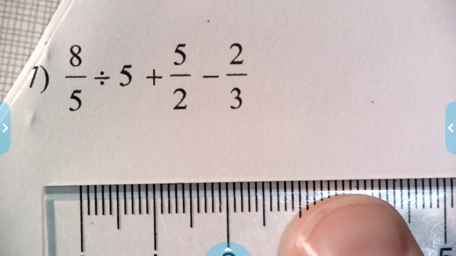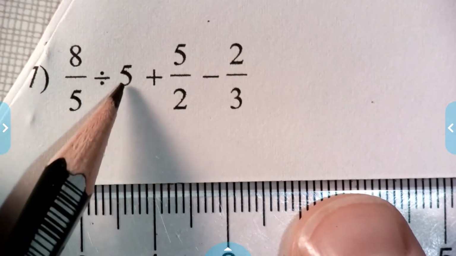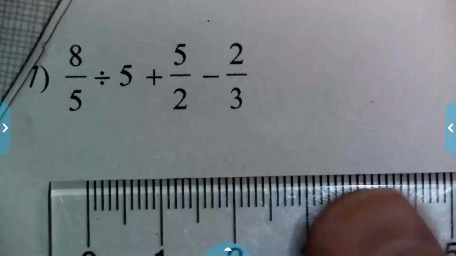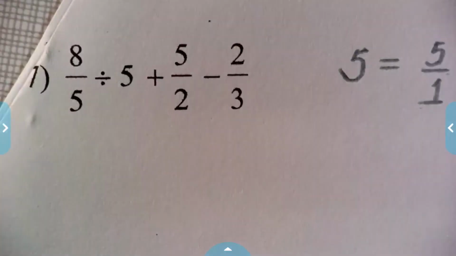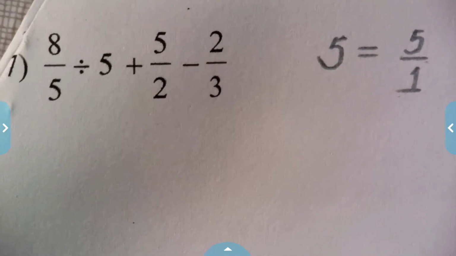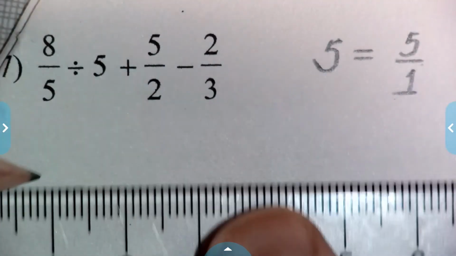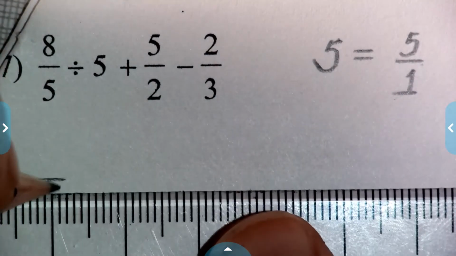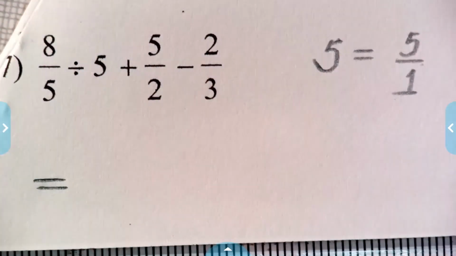All right. So first things first, I've got this 5 hanging out there. And I'm just going to remember that 5 is equivalent to 5 over 1. All right? So when I rewrite this, one of the reasons I'm rewriting is to get away from that staple right there, which is kind of messing up my pencil.